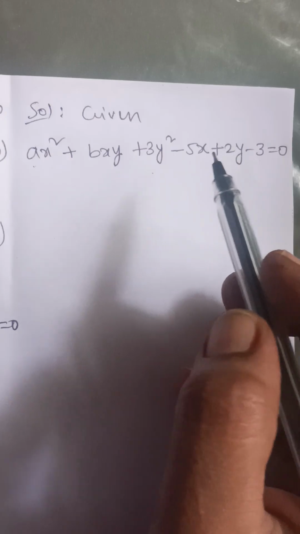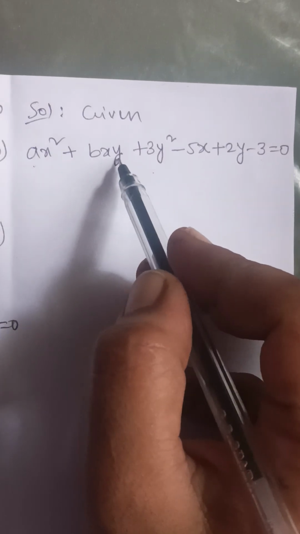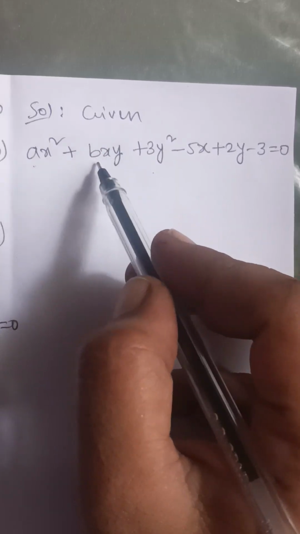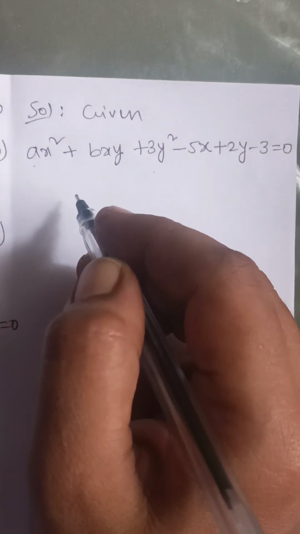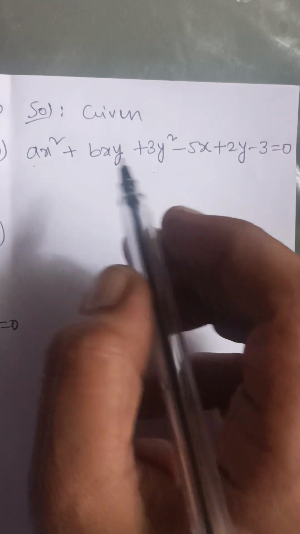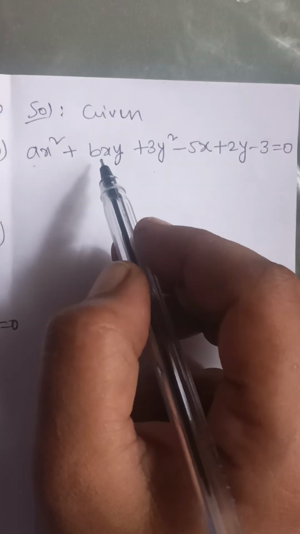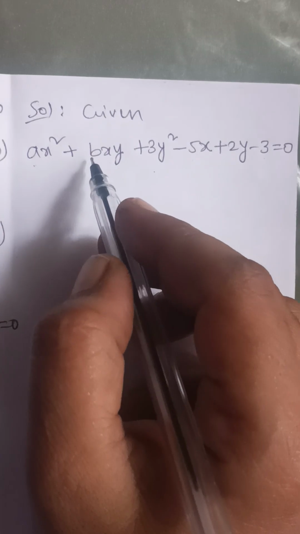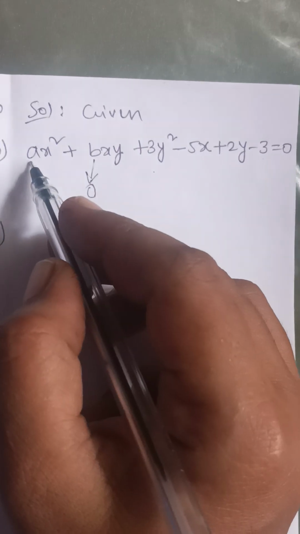But what we learned about the equation of a circle is that there won't be an xy term. The xy coefficient must be 0. This term must not be there in the circle equation, because the equation of a circle is x square plus y square plus 2gx plus 2fy plus c. So the bxy term must be 0. So to get 0, b is 0. And what is a?